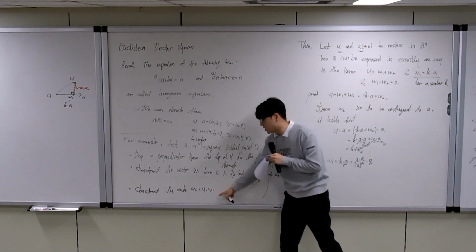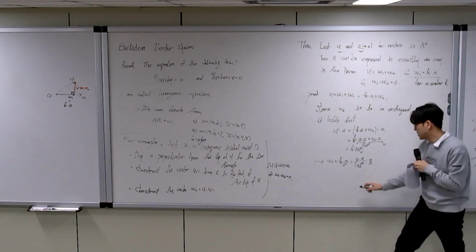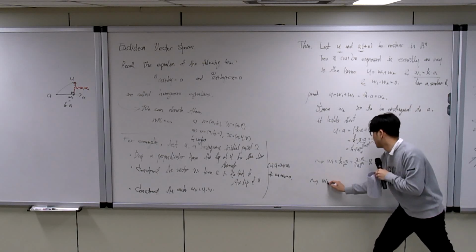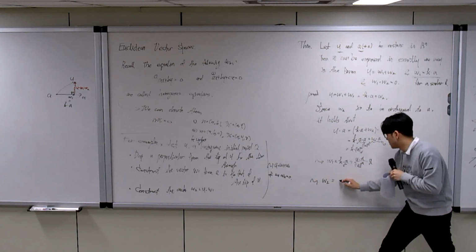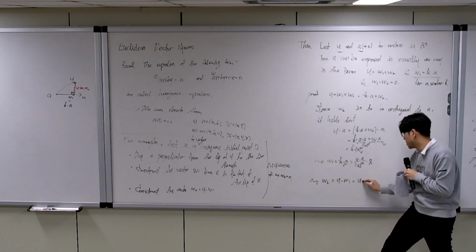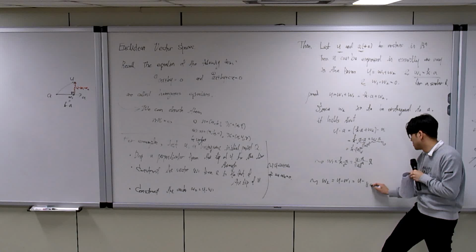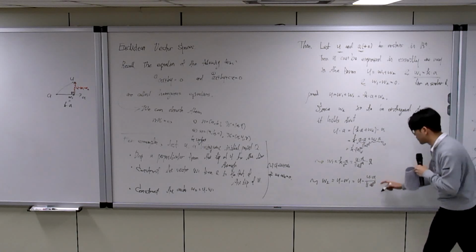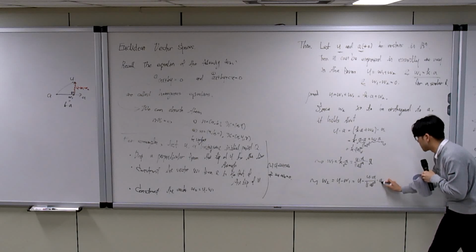Finally we define the vector w2 as vector u minus w1, which is u minus u dot a over the squared norm of a, times a.